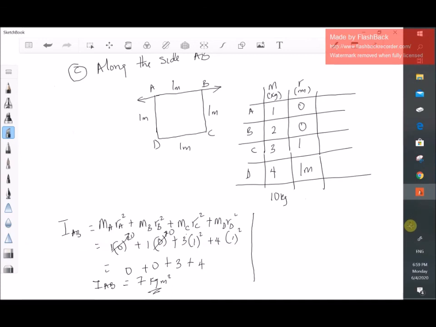Now we can find the radius of gyration along AB.